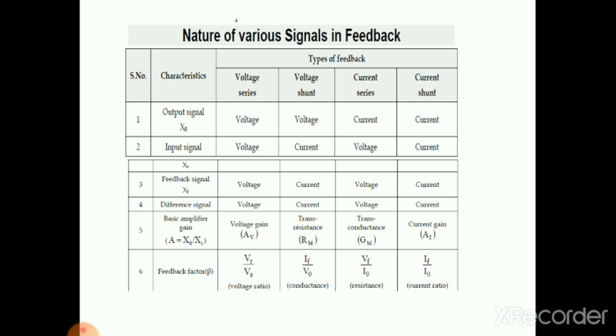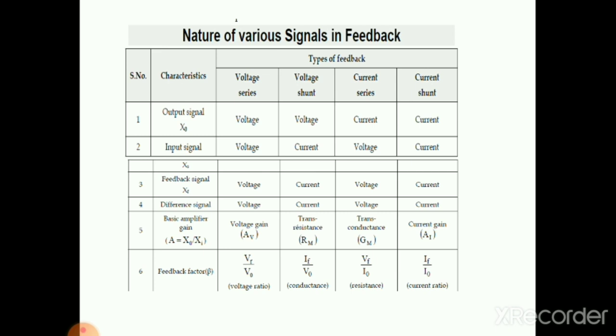Now, the nature of various signals in feedback. The types of feedback we have are voltage series, voltage shunt, current series and current shunt. The characteristic is the output signal. What is the output signal we collect in these types of feedback? In voltage series, we have voltage sampling, so the output signal collected is voltage.